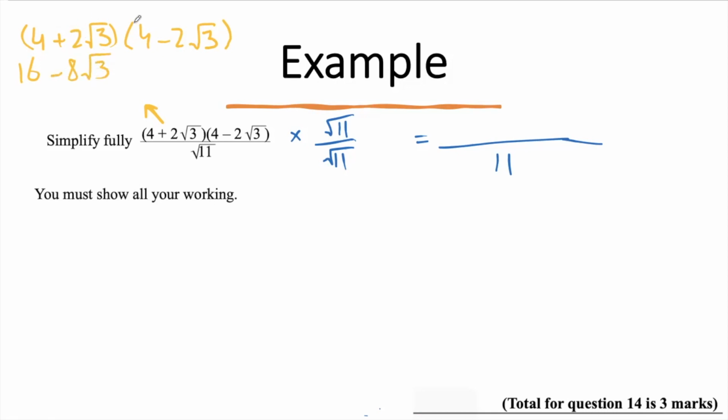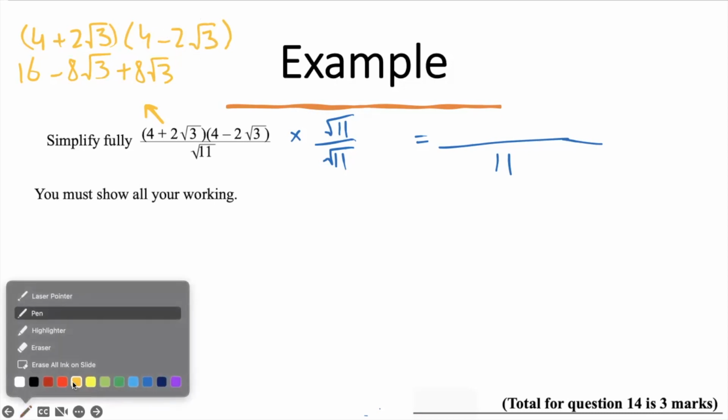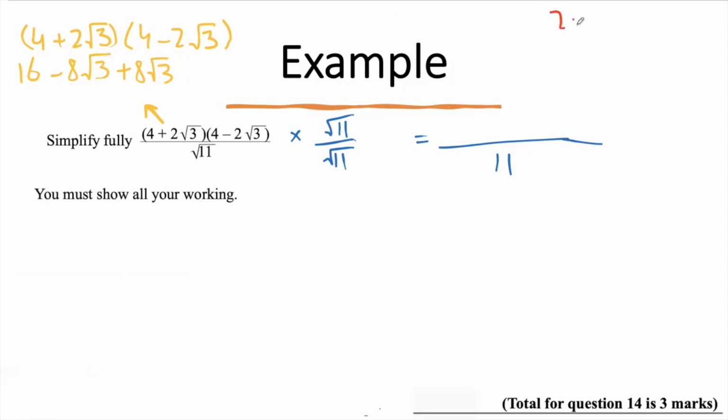Then we have 2 root 3 times 4, that's plus 8 root 3. And then we have 2 root 3 times minus 2 root 3. If you have 2x times 2x, you have 4x squared, meaning you multiply the coefficients together and you multiply the variables together.